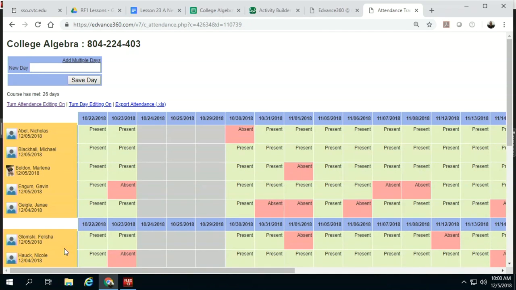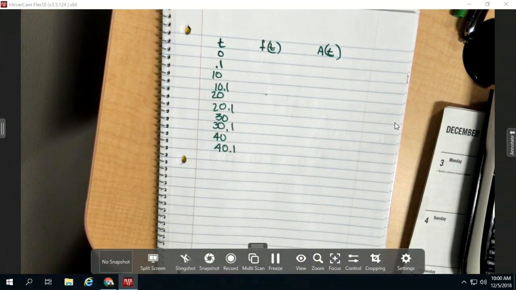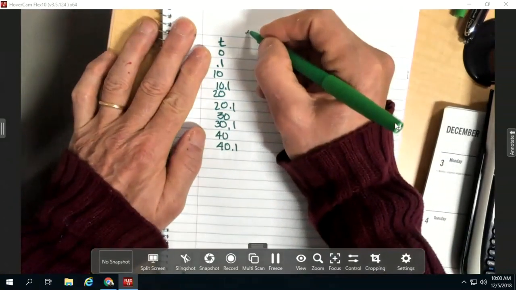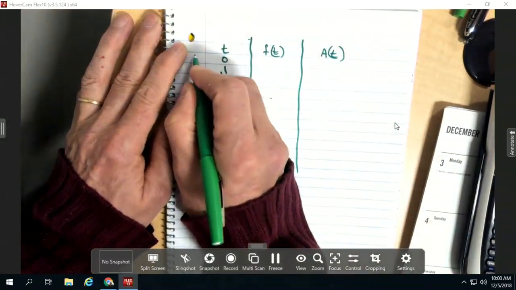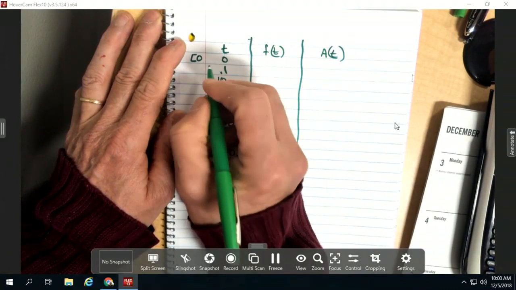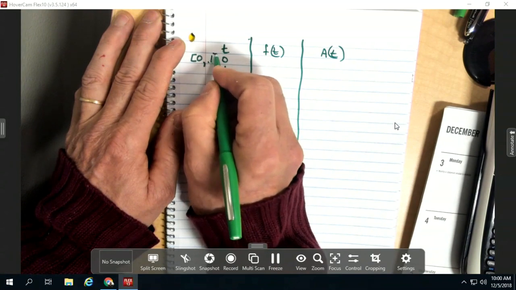Okay. So in order to answer the questions on page 310, we're going to need to know some data points. Because we want to know, how is the temperature changing between 0 and 0.1 seconds?